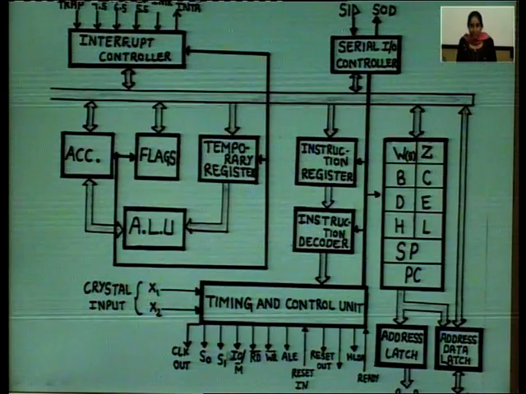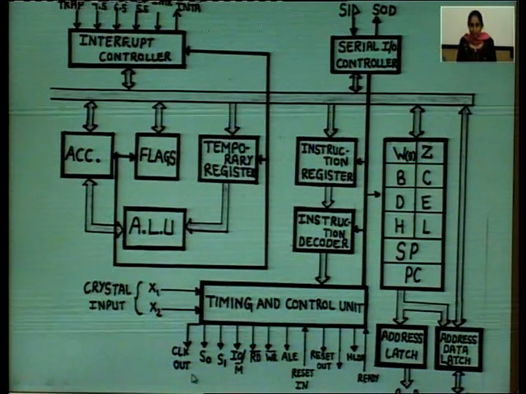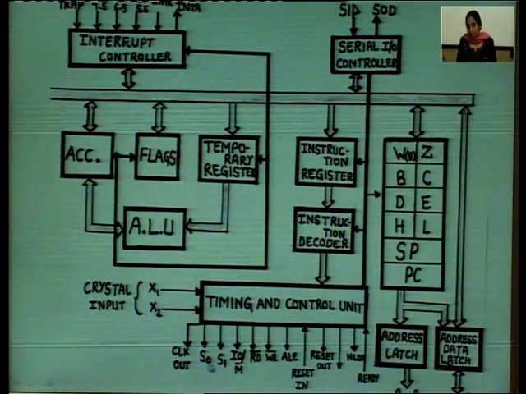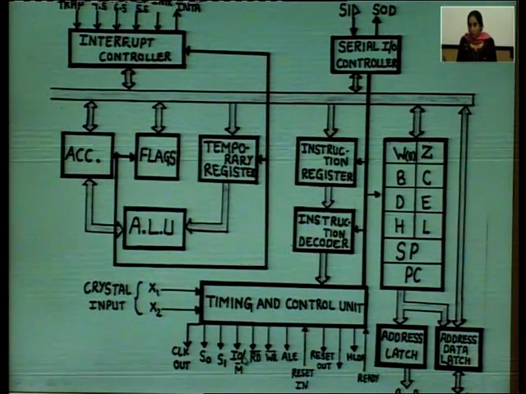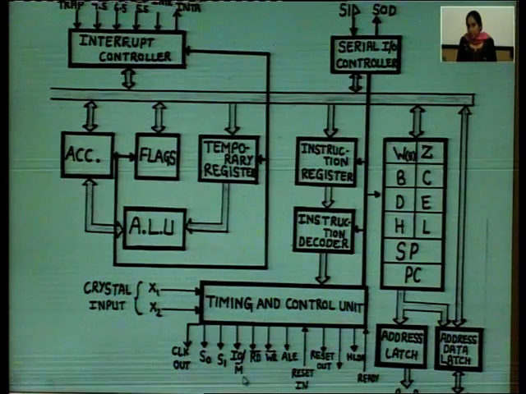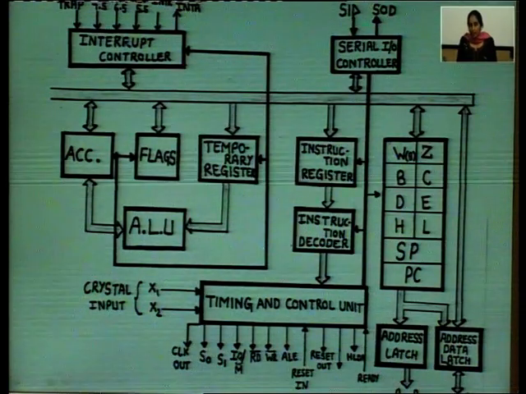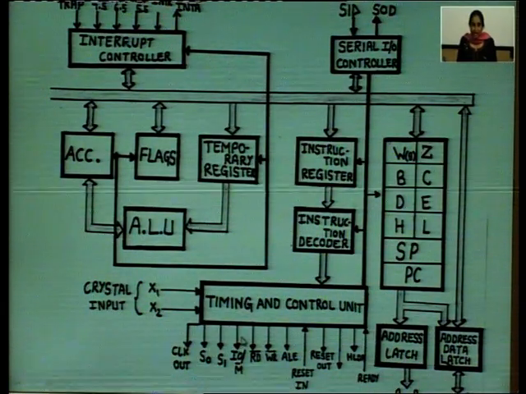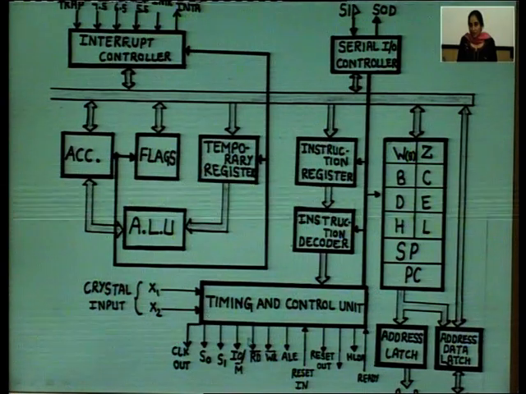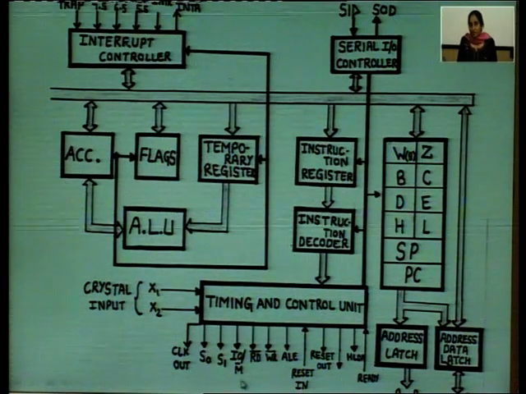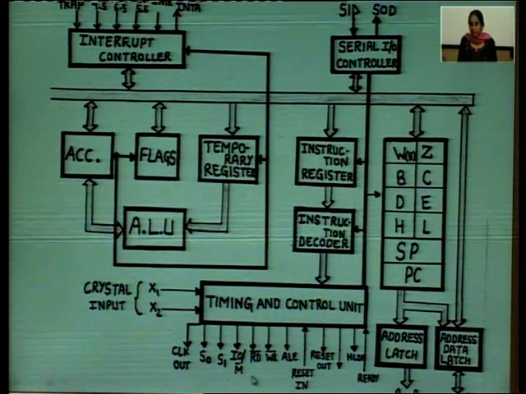S0 and S1 are status signals which tell about the type of operation. Then we have the IO/M-bar pin. When the signal is high, it shows that the operation is related to the input output device. When it is low, the operation is related to the memory.